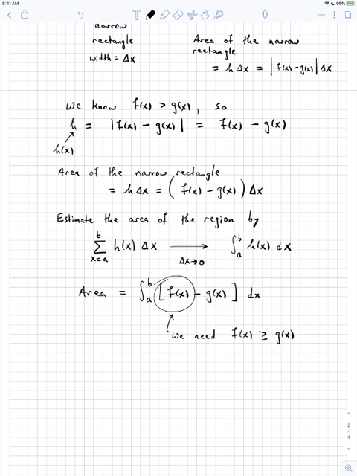So there is a basic principle here. A basic principle of area.